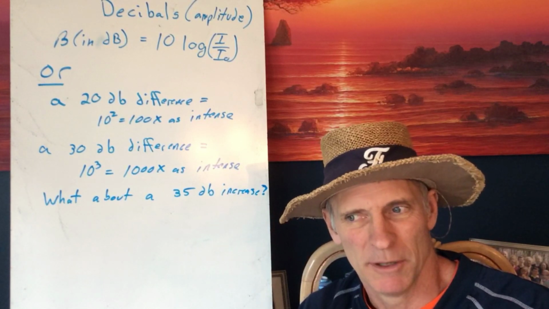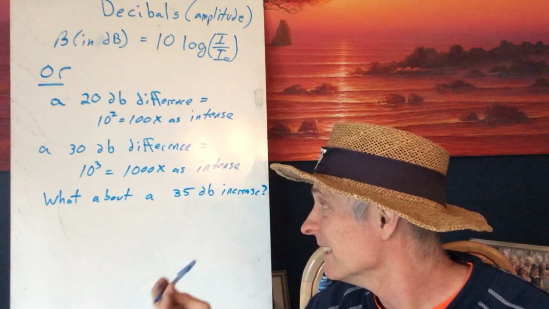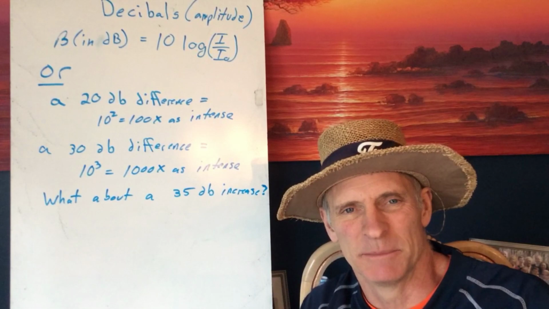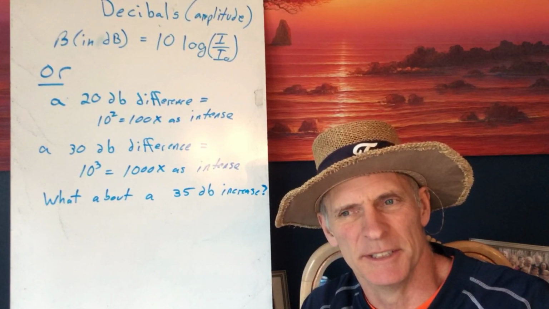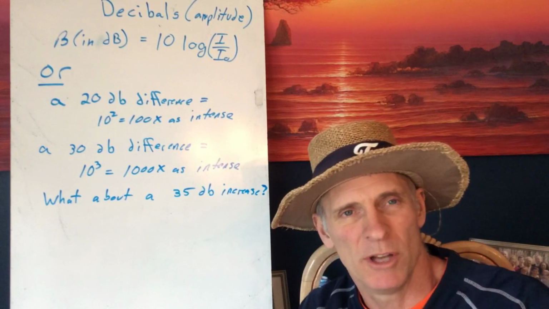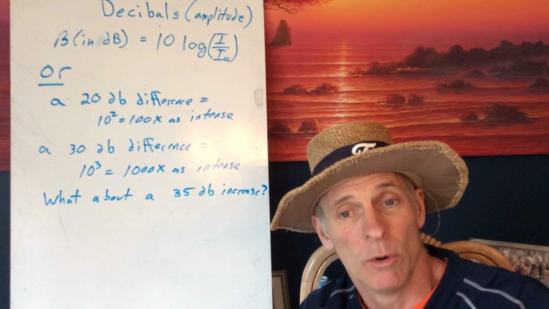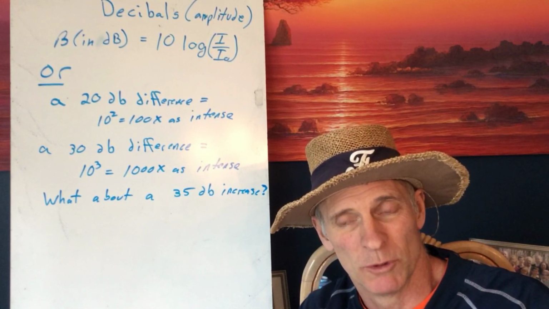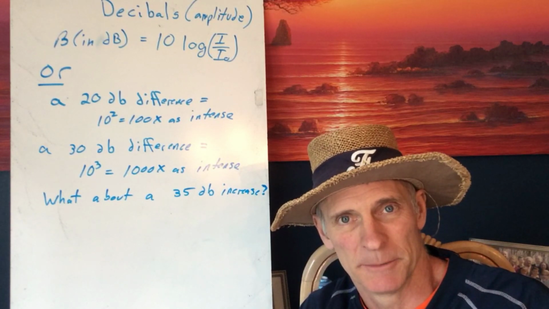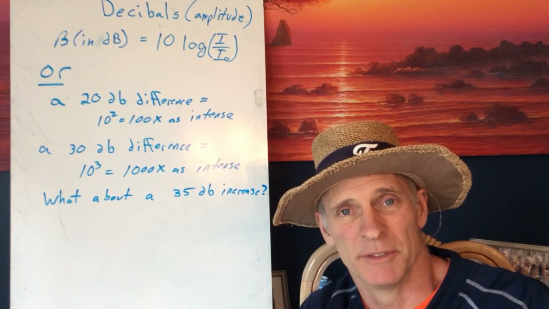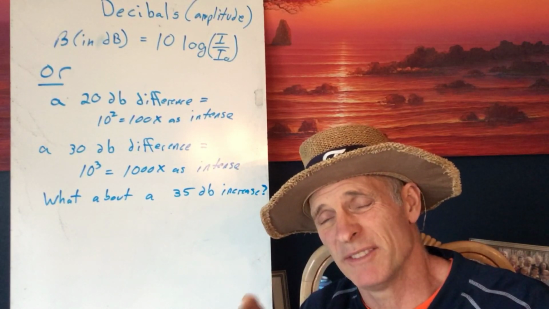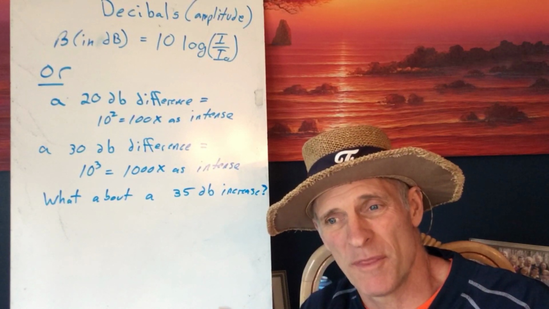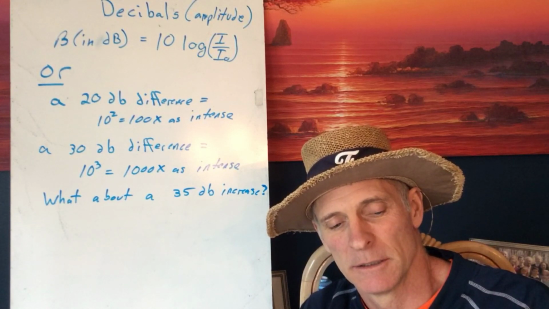Well, still base 10, but what if it's a little odd, like what is a 35 decibel difference? What would that be in terms of intensity? Well, we know a 20 decibel difference, or 10 to the second power, would be 100 times as intense. And we know a 30 decibel difference will be 1,000 times as intense. So if it's 35 decibels, it's got to be more than 1,000 times as intense.